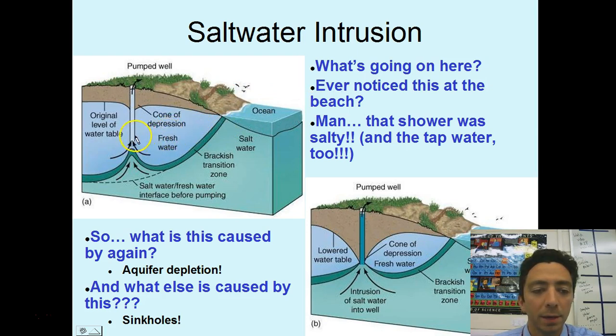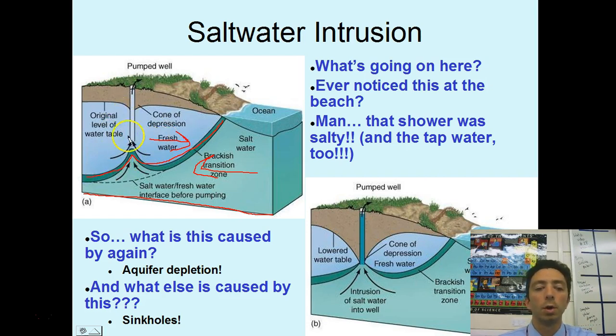And the problem here is if we build a well in a coastal region, at some point that unconfined aquifer, remember that aquifer that's above the confining layer, is salty, right? That ocean water is able to move left and this water is able to move to the right. And so they form this zone of brackish water somewhere in between saltwater and freshwater.